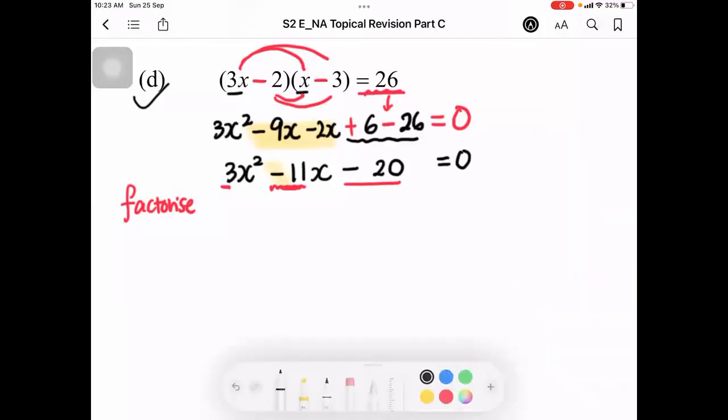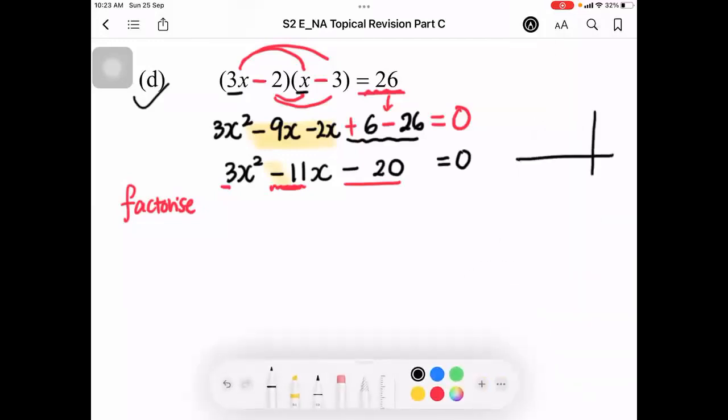All right, so in this case, what do we have? We can do our multiplication here. I want to get 3x squared, so it'll be 3x times x. I want to get 20. What times what can give me 20? Let's see what my calculator gives me. My calculator gives me 5 and negative 4 over 3. That means from my bracket, I know one is negative 5.